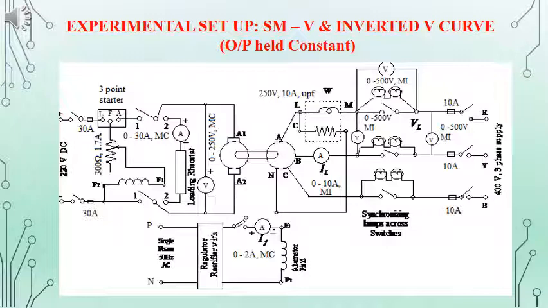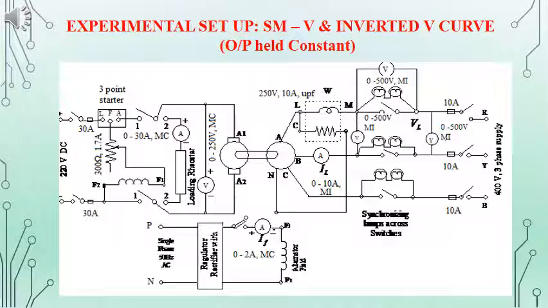The synchronizing switch is kept open, and the DC machine on the left side is operated as a motor initially. The DC supply is provided to the DC motor, and by using a 3-point starter the machine is started.